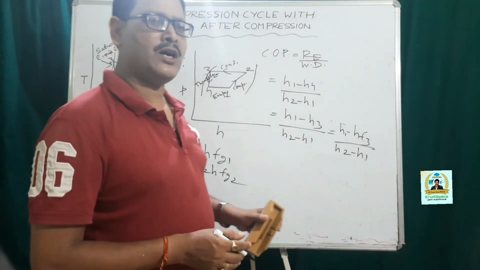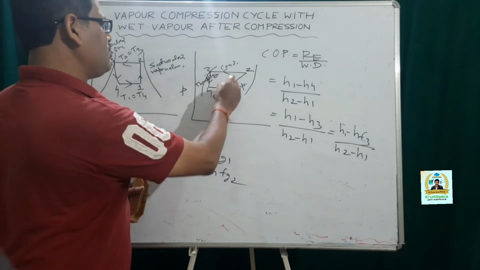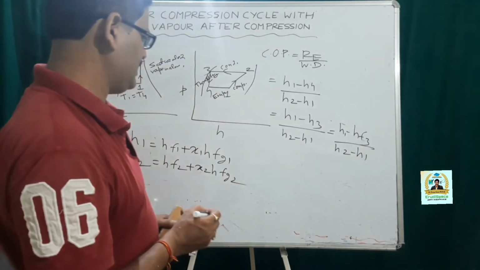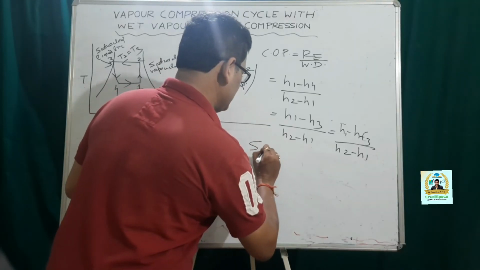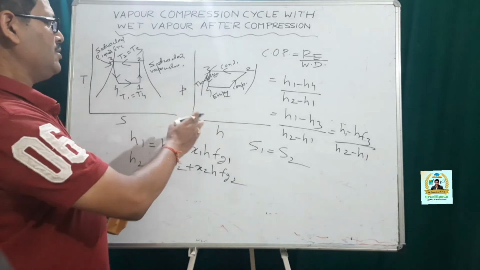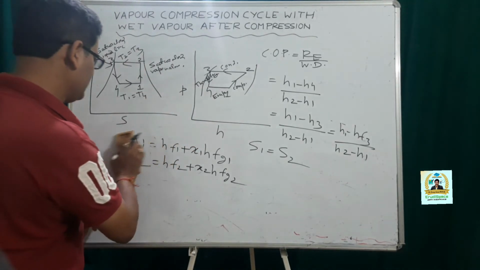And if you know the dryness fraction of either 1 or 2, the other value can easily be computed, because S1 is equal to S2, because 1-2 is an isentropic process.